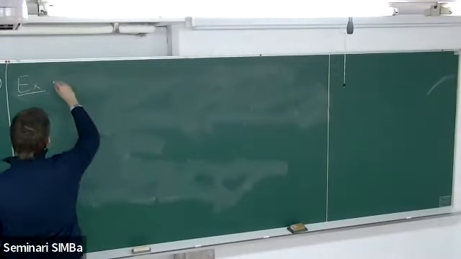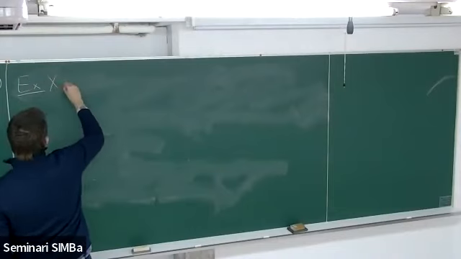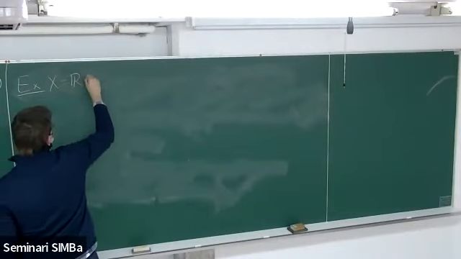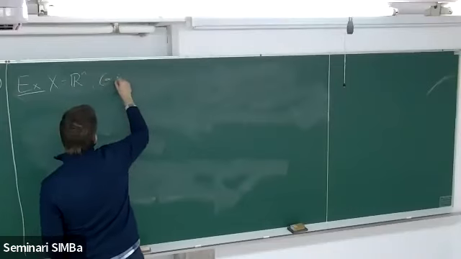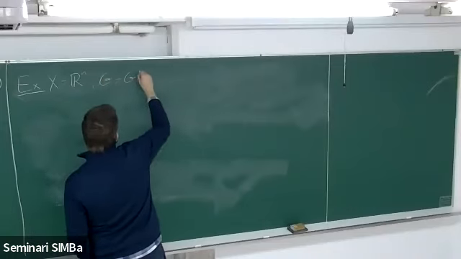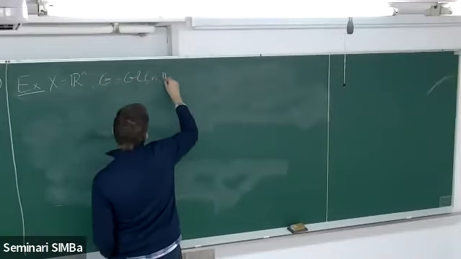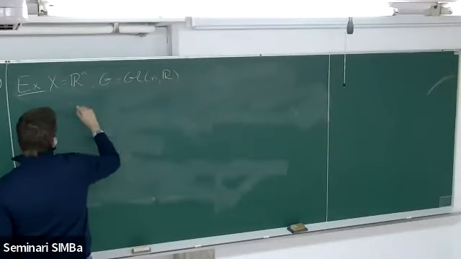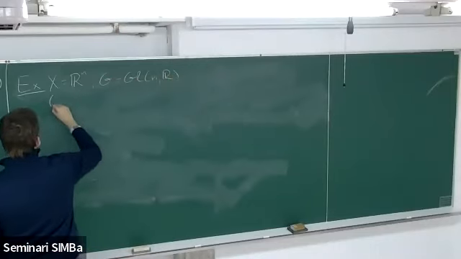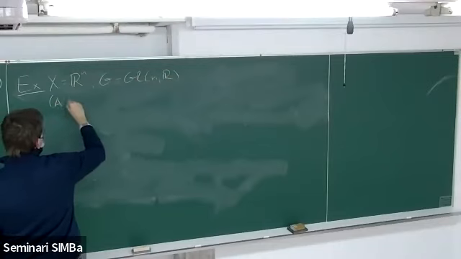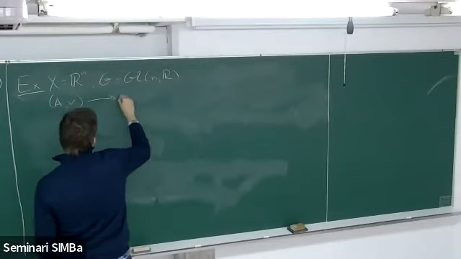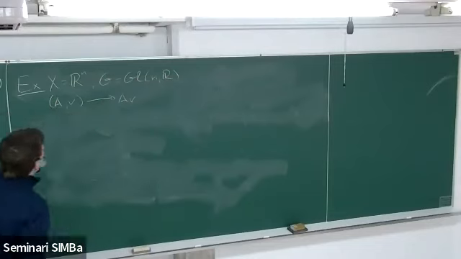For example, if we take X and G to be the linear transformations, then we have an action that sends a matrix and a vector to the matrix multiplication.